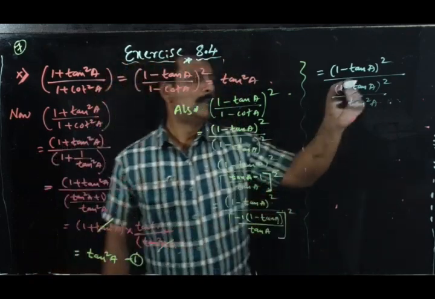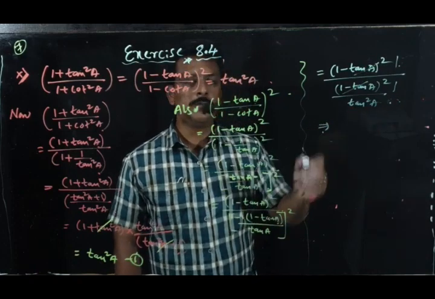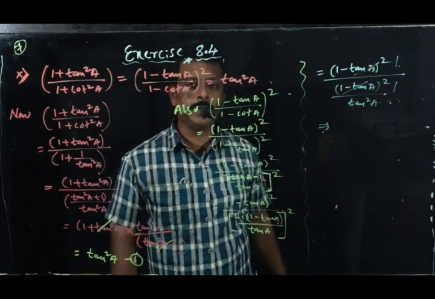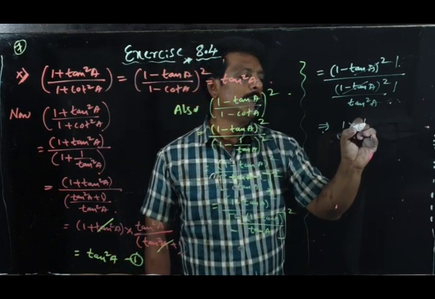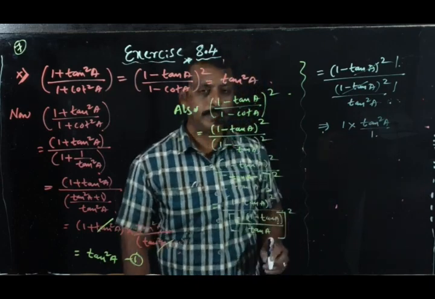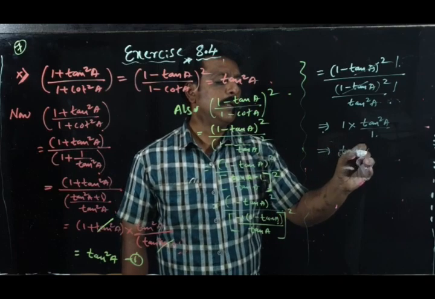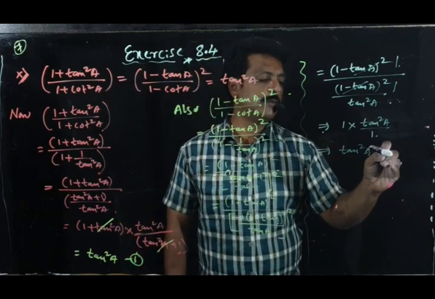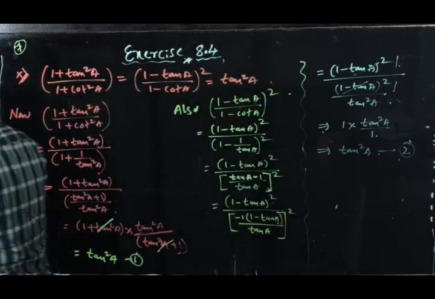Right? These are cancelled. Then, all of you know, the denominator fraction reciprocal becomes multiplication: 1 into tan square A divided by 1. So multiplied by 1, you will get the answer as tan square A. I am taking this one as equation 2. All of you open your eyes and observe.